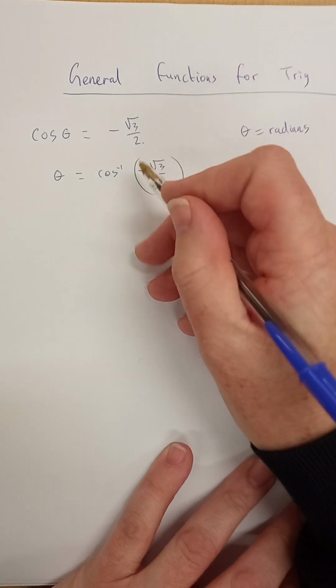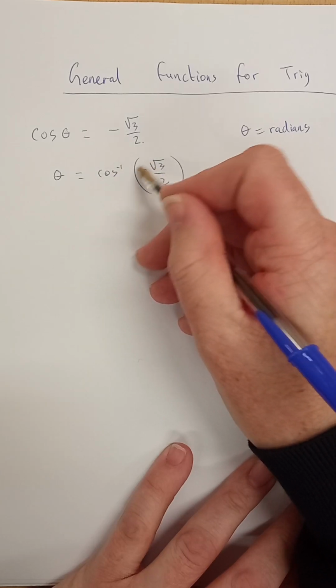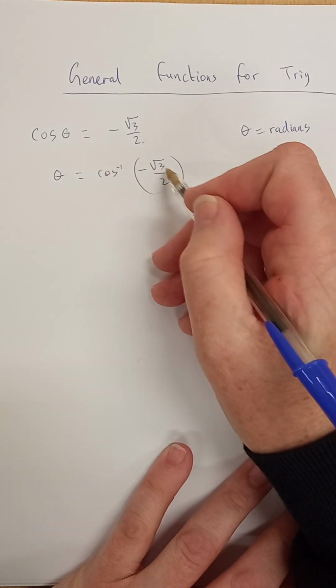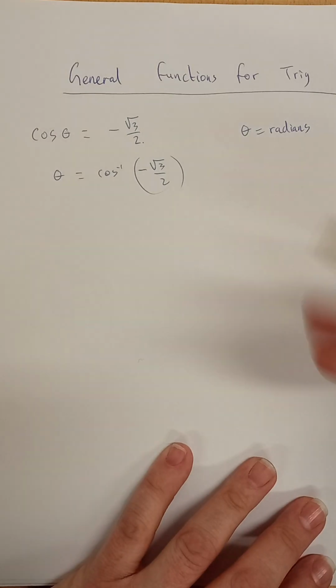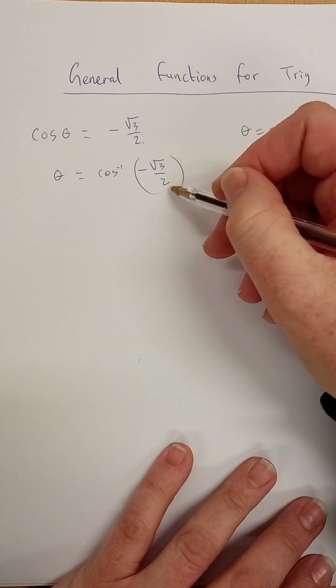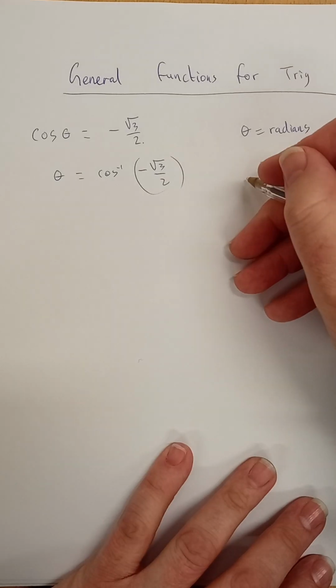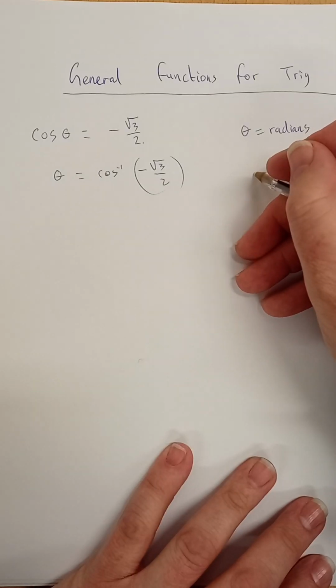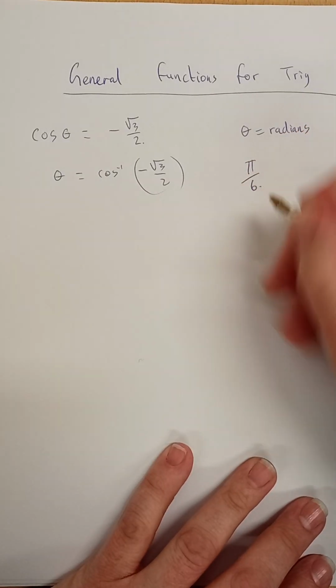Now, that minus doesn't mean get the minus. That minus indicates where we're going to look for the reference angle. So let's work out our reference angle. For cos inverse of root 3 over 2, the reference angle we're looking for is pi over 6.